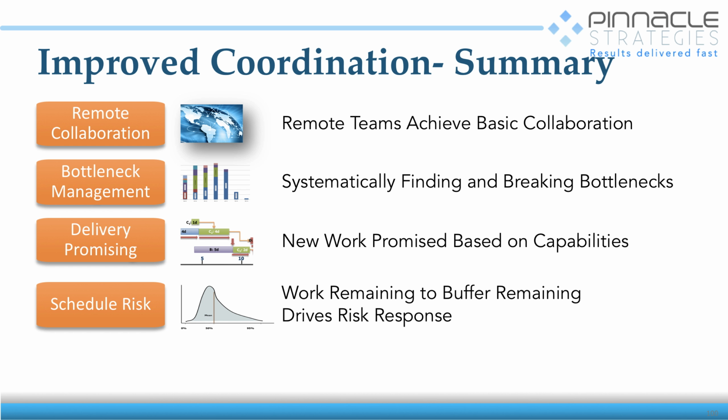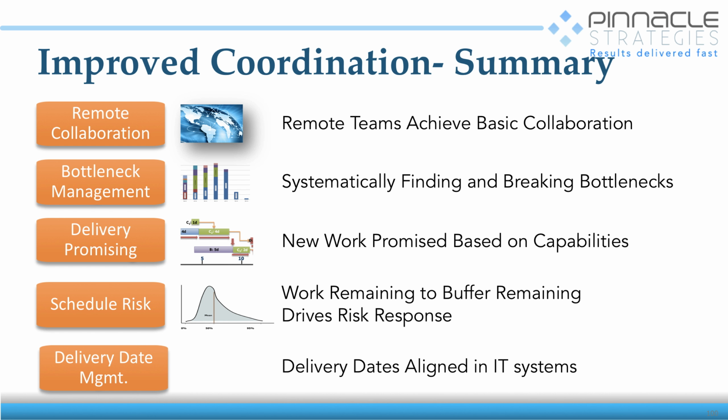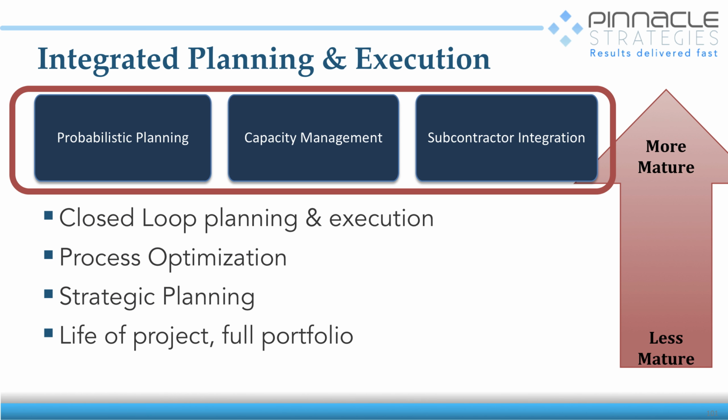And then once we've got that, then we can start really thinking about managing uncertainty in projects and start separating the work from the system. And then there's delivery date management, which is aligning those dates in the IT systems. And all of these then set the stage for integrated planning and execution, right?